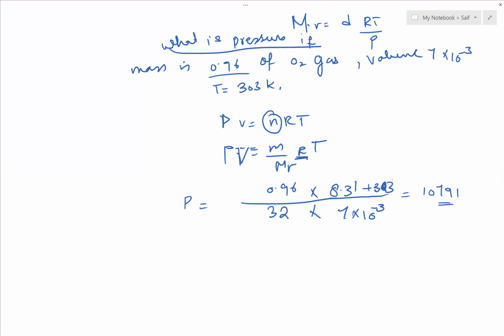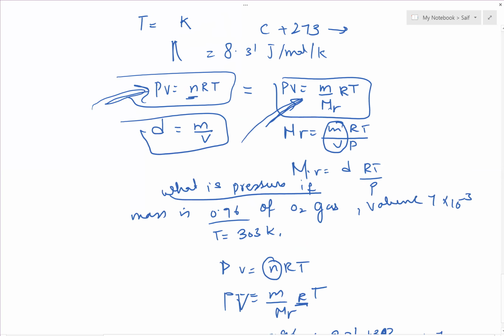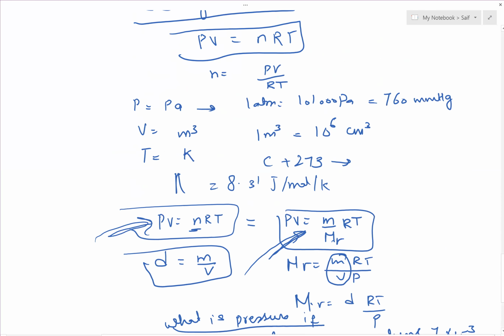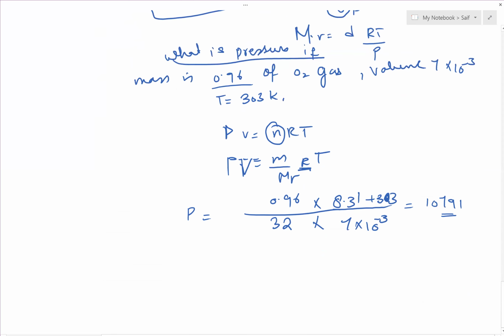What did I tell you, that whenever you take the pressure, do remember that pressure should be in Pascal. But what if I want that pressure in kilopascal? Then what do you have to do? Times by 1,000 or divided by 1,000?